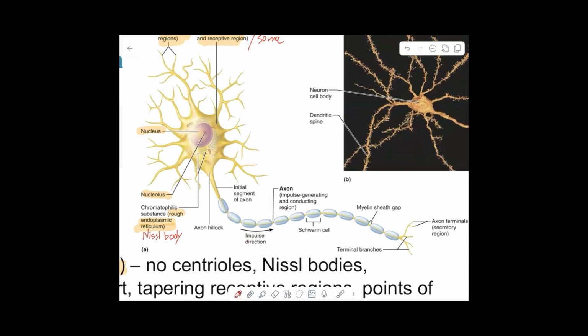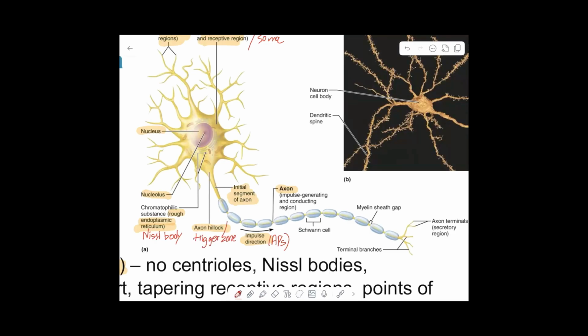We then have the axon, which takes the signal away from the cell body, and those signals are called action potentials. I'm going to abbreviate them with AP. And notice at the very beginning of the axon, we have what's called the initial segment, the axon hillock. The axon hillock is also called the trigger zone.